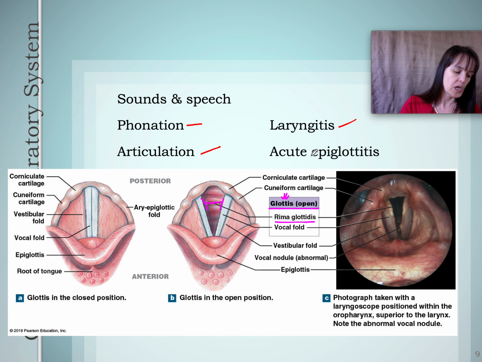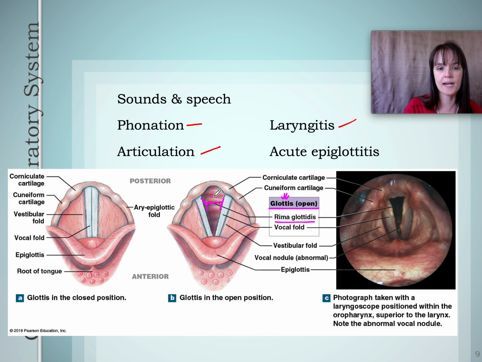The vocal folds, when they vibrate, when you tense them, that increases the pitch because it lowers the wavelength of the sound waves. So the more tense, the higher the pitch. And then when you relax them, that makes a longer wavelength, which makes a low pitch.